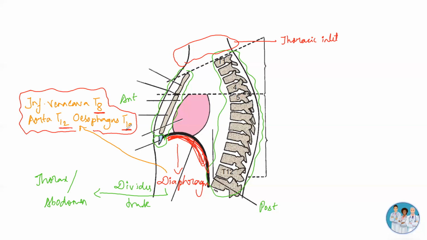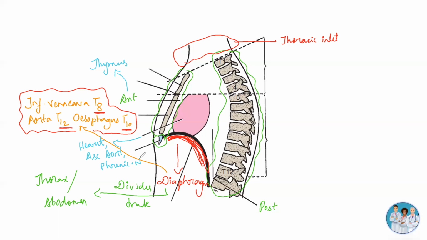Anteriorly the mediastinum has certain structures such as the thymus. The middle mediastinum has certain structures, importantly the heart, the ascending aorta and the phrenic nerve.